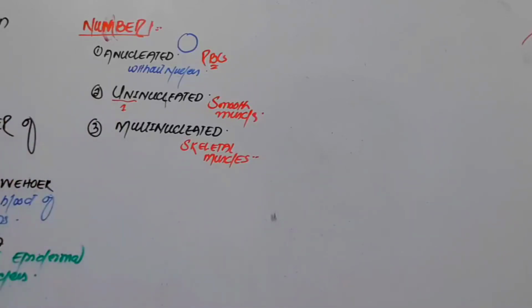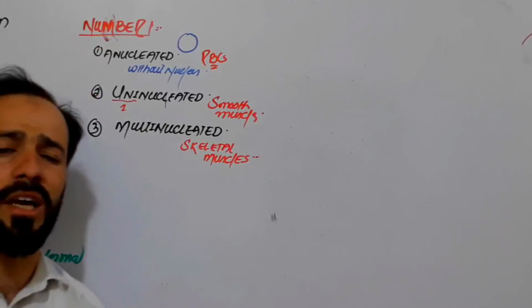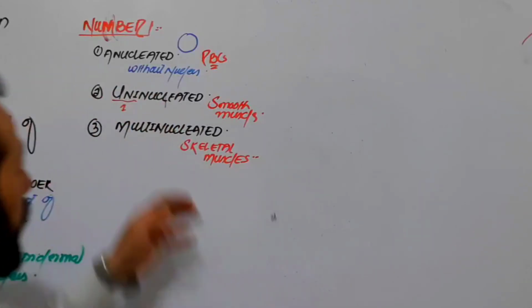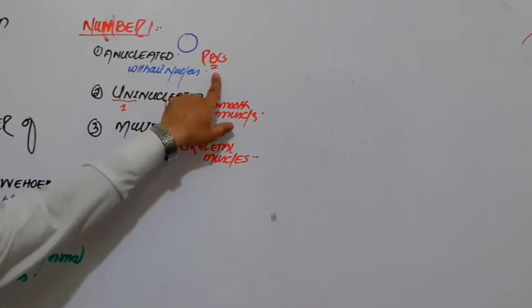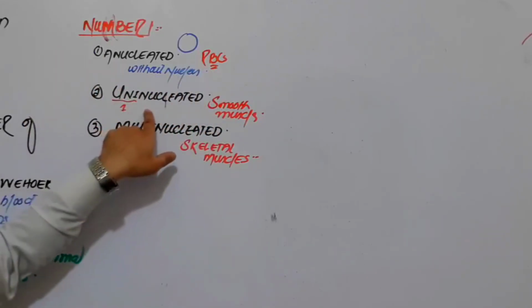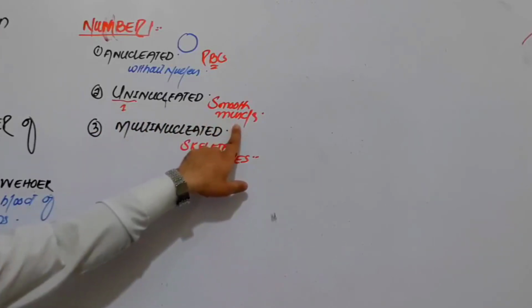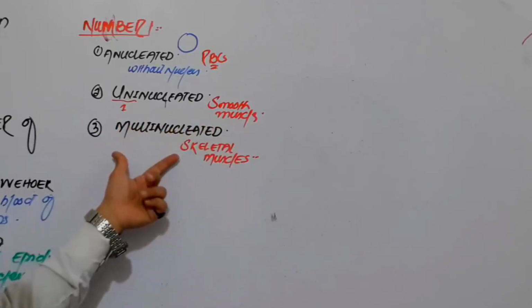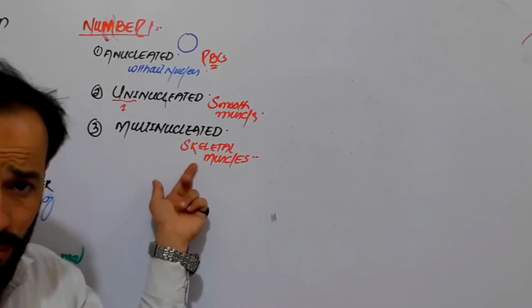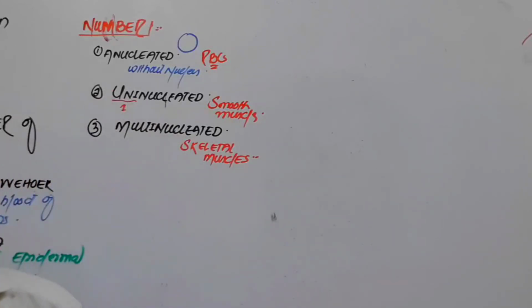So if someone asks how many nuclei can be in a cell in a human body, we say there are certain cells which do not possess a nucleus, for example RBCs. There are certain cells which possess only one nucleus, for example smooth muscles. And certain cells possess many nuclei, more than one or two, for example skeletal muscles. So this can be the number.